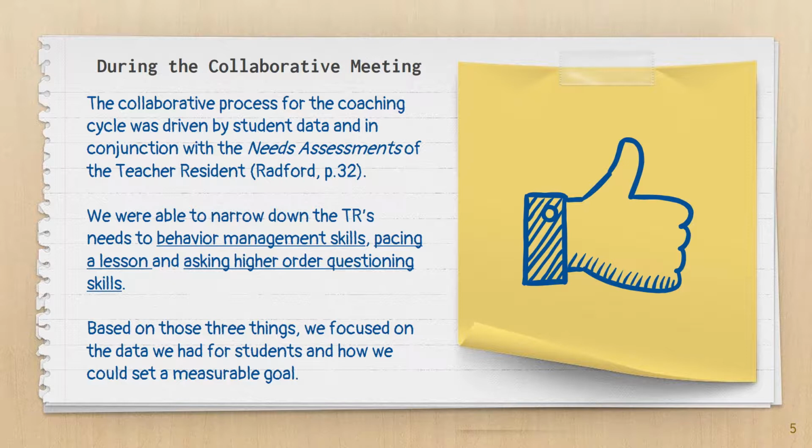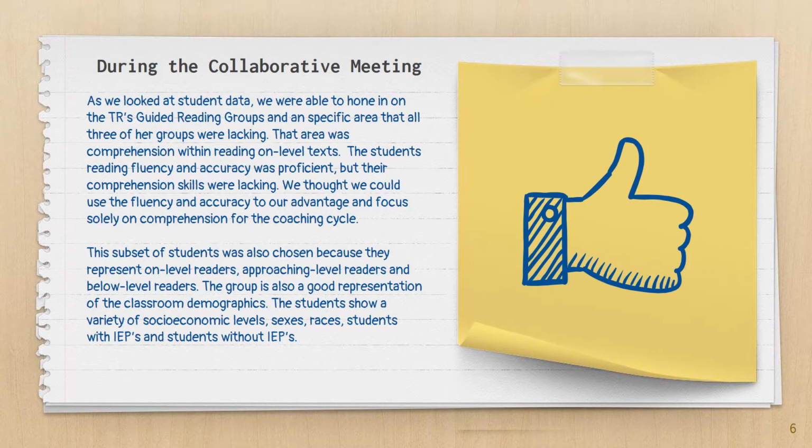So based on those 3 things, we focused on, okay, what are the students showing us that they can and cannot do? As we were looking through the student data, one of the things we were thinking about was guided reading groups and how she had these 3 specific guided reading groups. One was a low group, one was a high group, one was an on-level group.